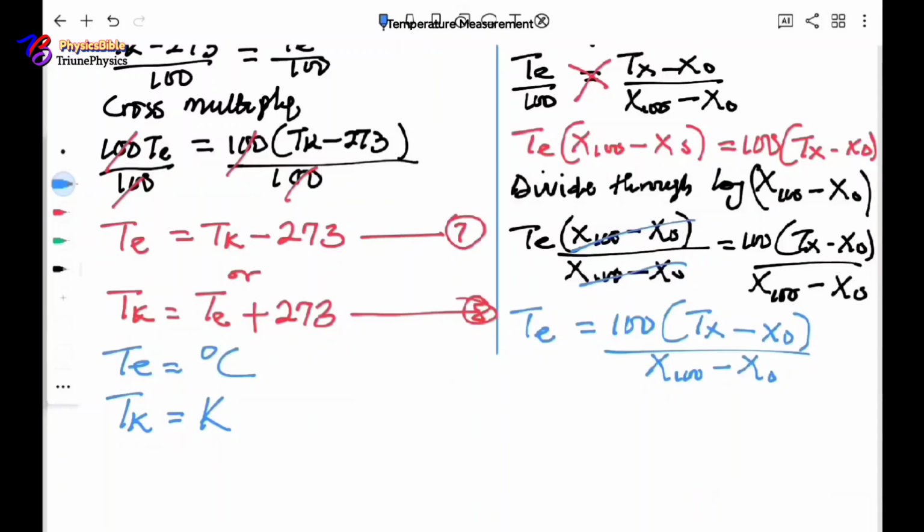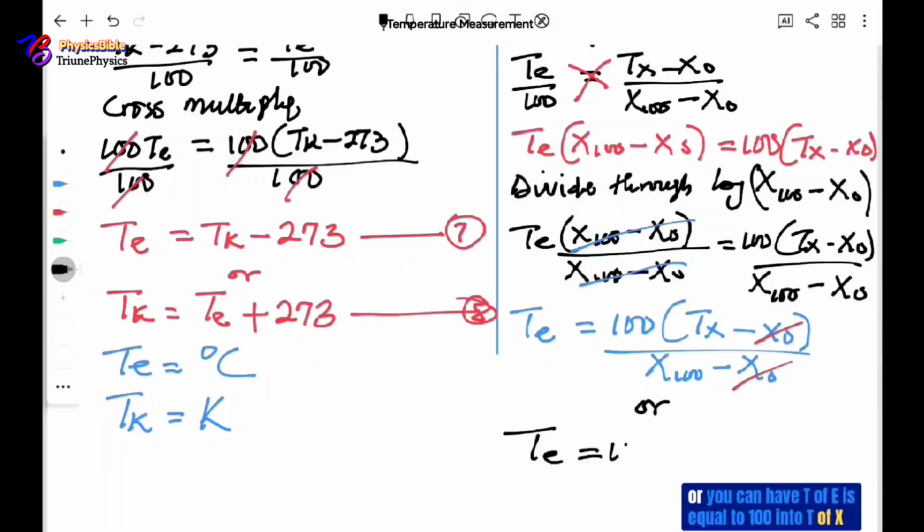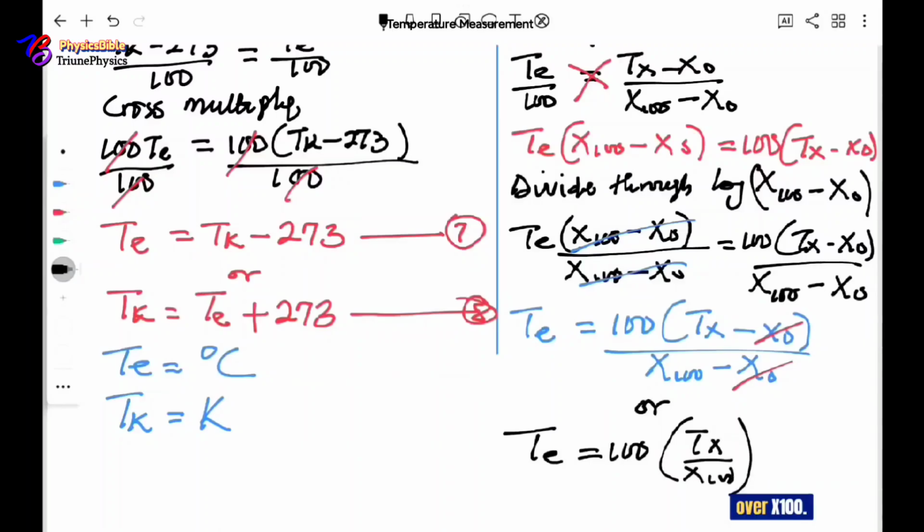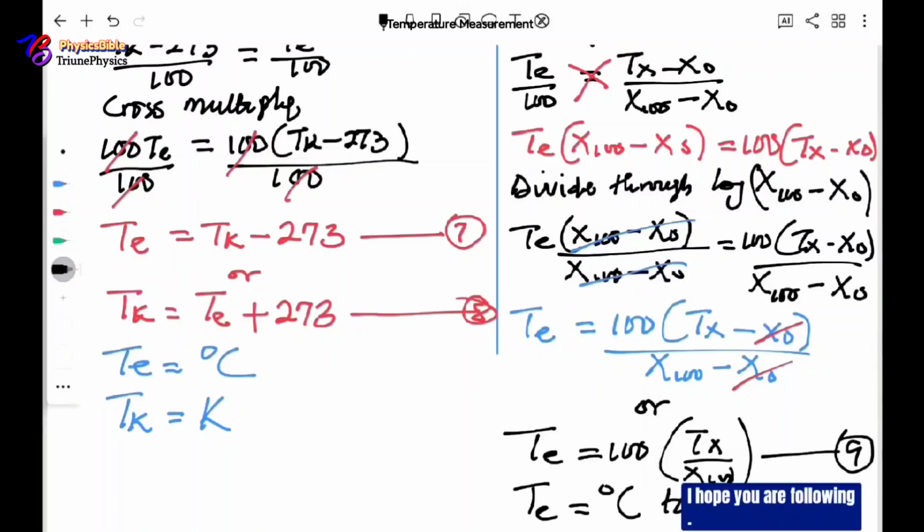Is that clear? This is when you are converting from degrees Celsius to the unknown thermometer. Is that clear? Take note of these. I hope you are following.